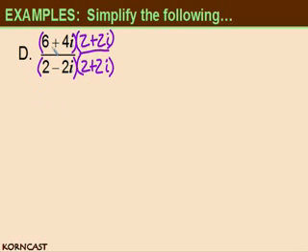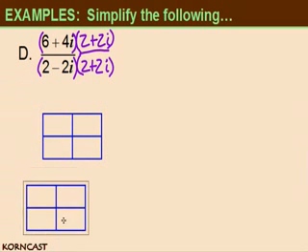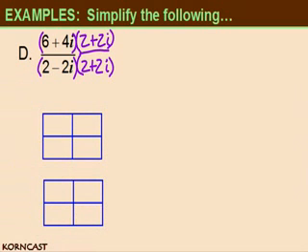So I must multiply the numerator times the numerator and the denominator times the denominator. I'm going to do that using the area model for both the numerator and the denominator. So my numerator, my first complex number, is 6 plus 4i. My other complex number is 2 plus 2i.